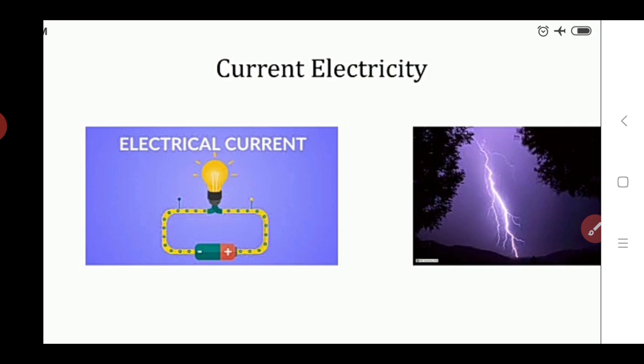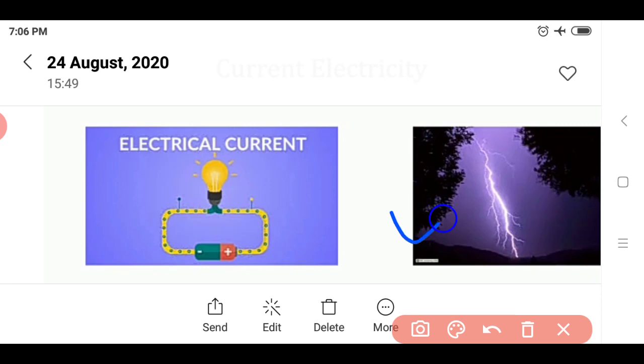Here we see that a large current flows when lightning takes place from a cloud to the ground. During the rainy season, we see clouds in the sky, and when it is raining, at some places lightning takes place. Why does this lightning take place? In this image, on a summer day, we see such lightning in the sky.